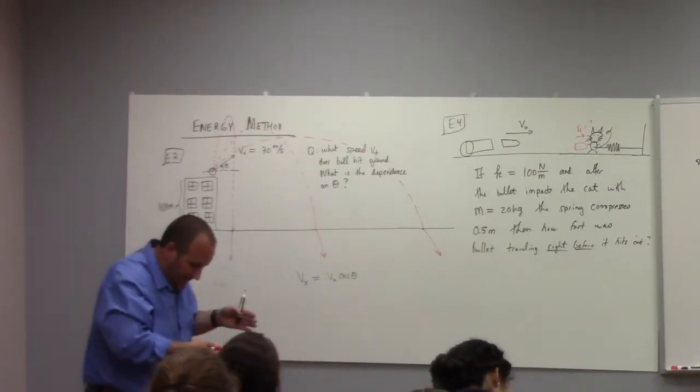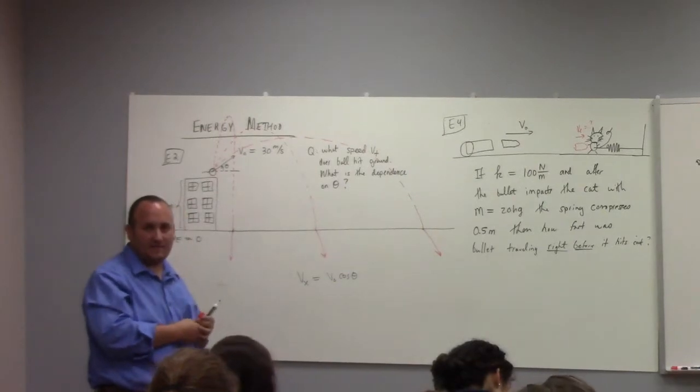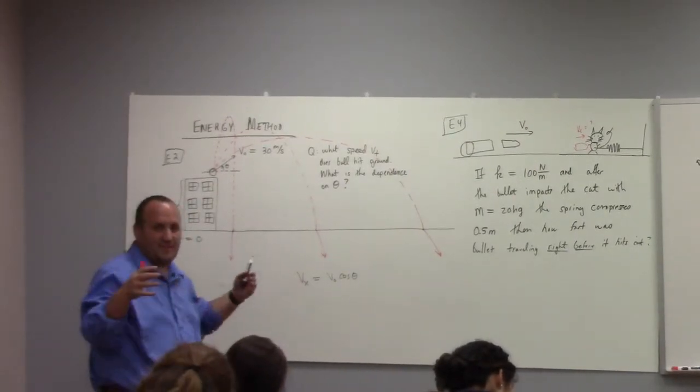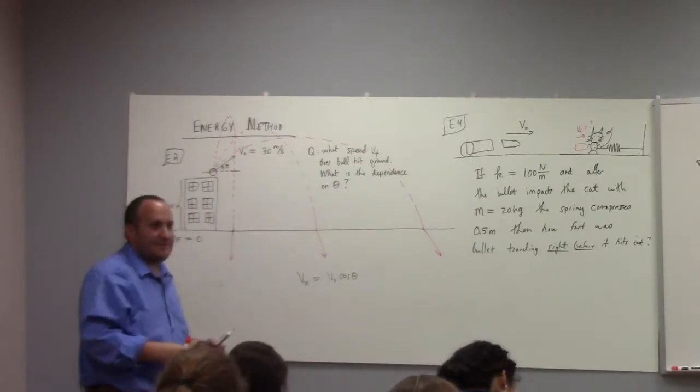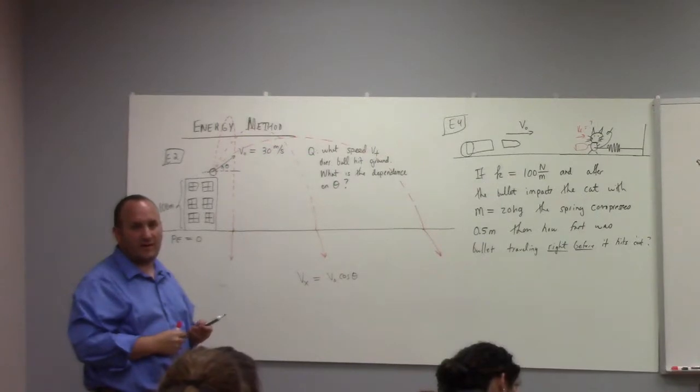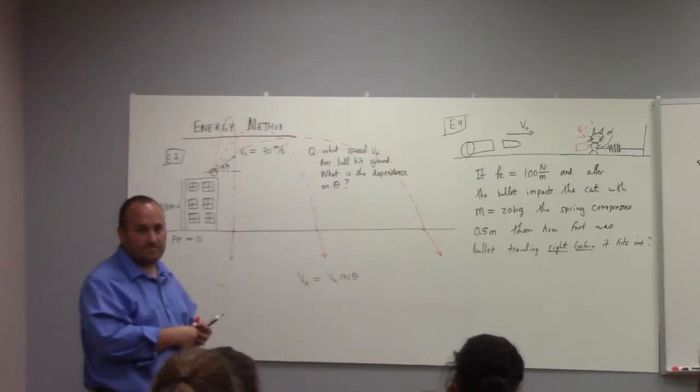They're stuck together and they start moving. The question is, how fast is that combined system going? Or if we go back to the baby, the baby has grabbed the cat. And of course, they're starting to compress the spring with some initial speed. My question is, what's that initial speed?